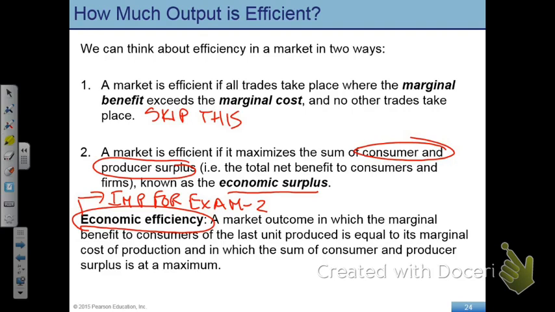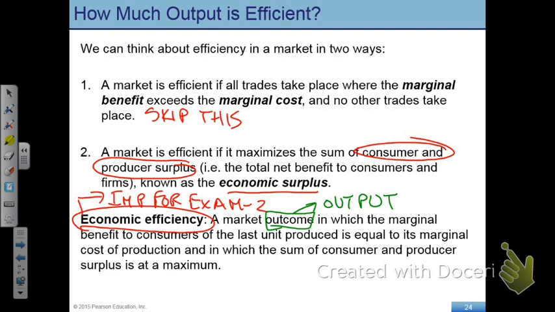Please highlight the word outcome, meaning that we are talking about output. And this is a very important philosophical standpoint. When we are thinking about how to achieve economic efficiency, we are basically not interested in what price we are paying for that good. Because prices sometimes really do not reflect the true nature of efficiency.